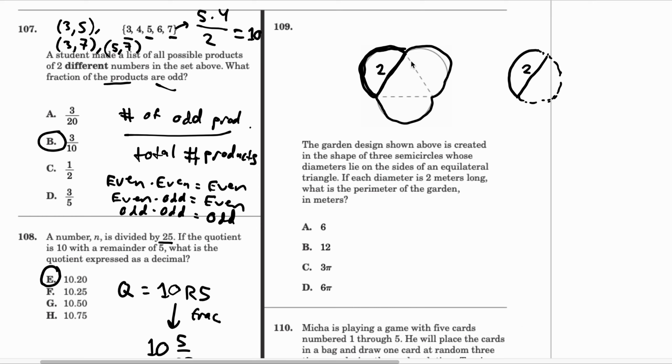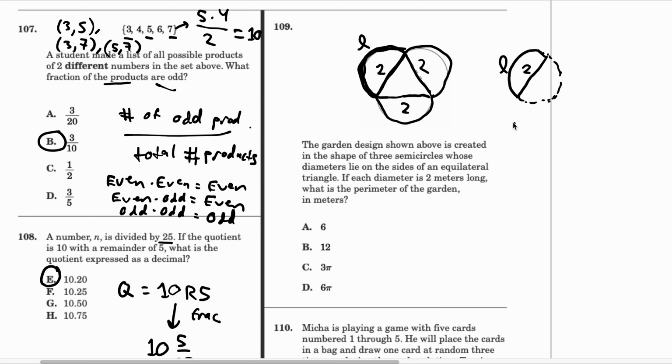So this is 2, and by similar logic, this is 2, and this is 2. So we see that the sides of our equilateral triangle are of length 2. Now we want to know what the perimeter of the garden is. I'm going to call the length of this semicircle here L. So this is L.